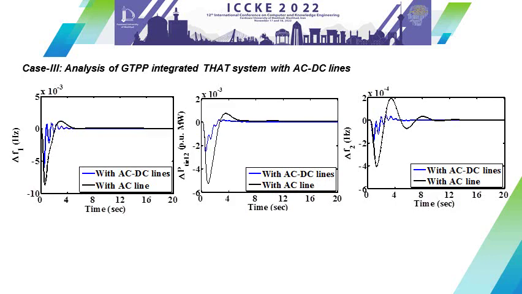Definitely, by implementing the AC-DC lines, the peak undershoots and peak overshoots have been very much diminished for the frequency deviations in area 1, tie-line power flow deviations, as well as frequency deviations in area 2. So a considerable enhancement in the system performance is noticed by implementing the AC-DC lines.